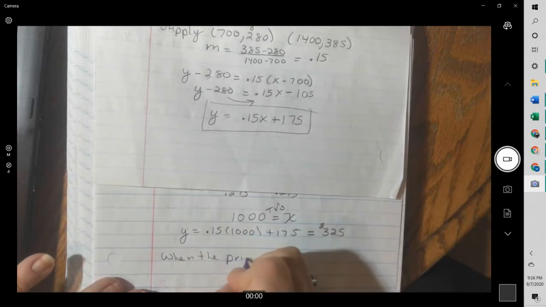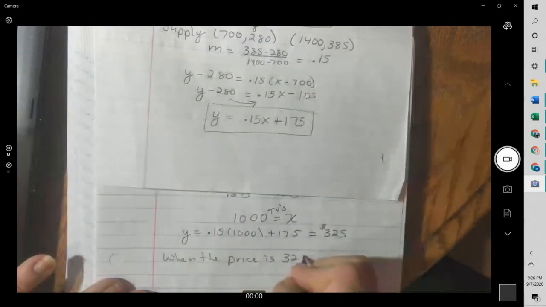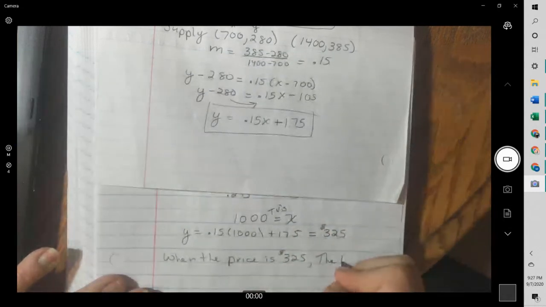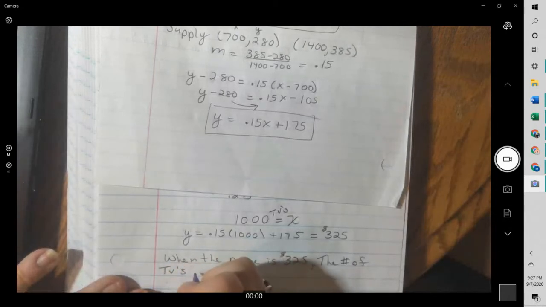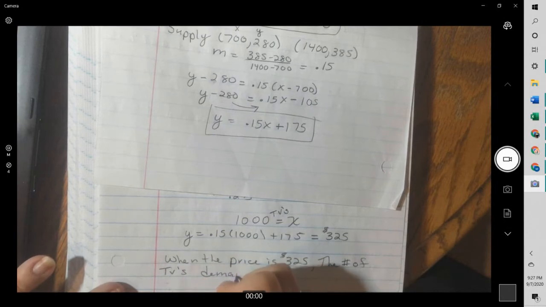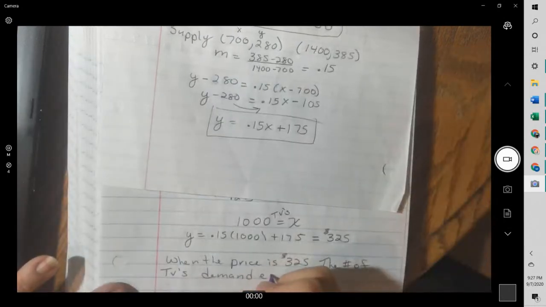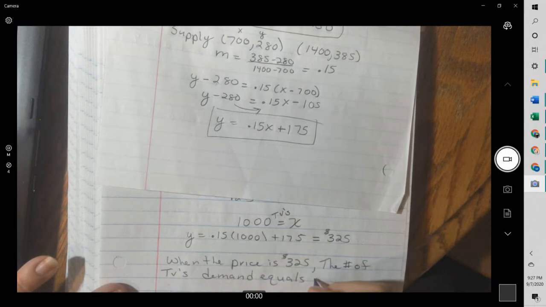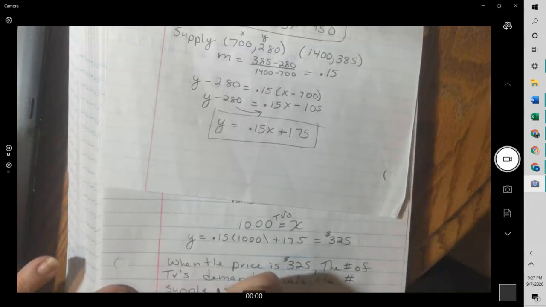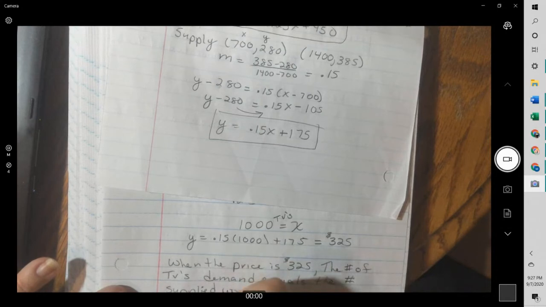When the price is $325, the number of TVs demanded equals the number supplied, which is 1,000 TVs.